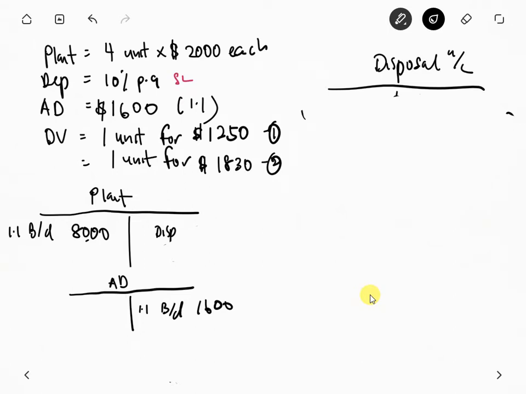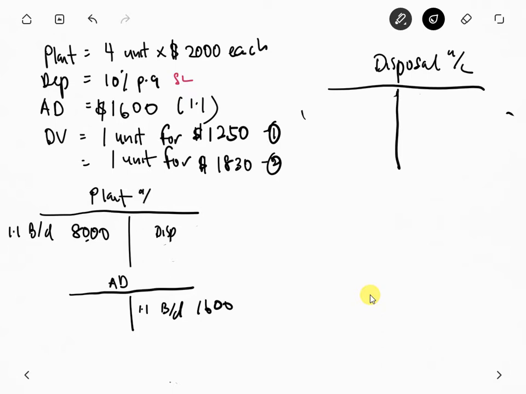Open, disposal. How many steps? 4. Step 1. Cost. How much? I sell only one asset. 1 unit. Here got how many units? 4. I sell only 1 unit.